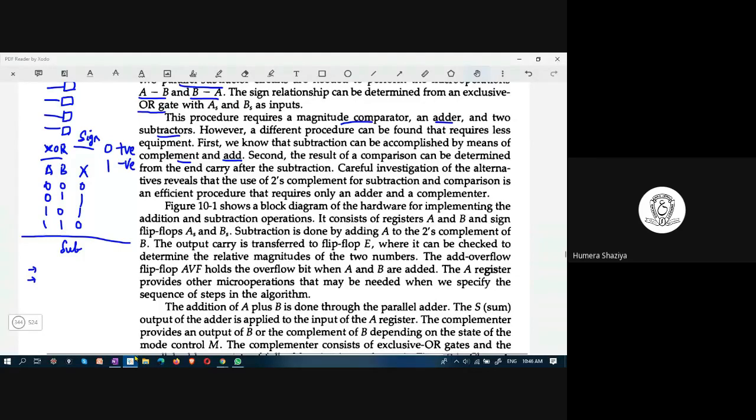So to perform subtraction, you have to do complement and then you have to add. And the result of the comparison is determined from the end carry after the subtraction. Whatever carry bit is generated: if carry bit is generated, the result is negative. If carry bit is not generated, the result is positive.